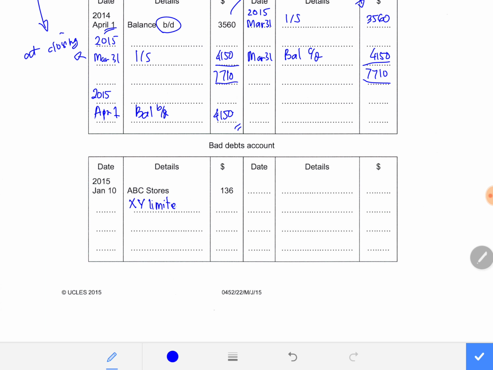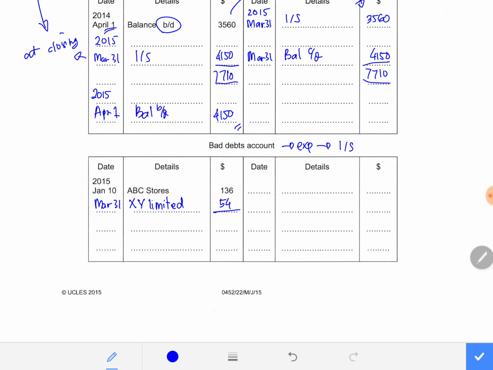XY Limited, 54, dated March 31. And then that's it, because bad debts is considered an expense and expense must be transferred to IS.